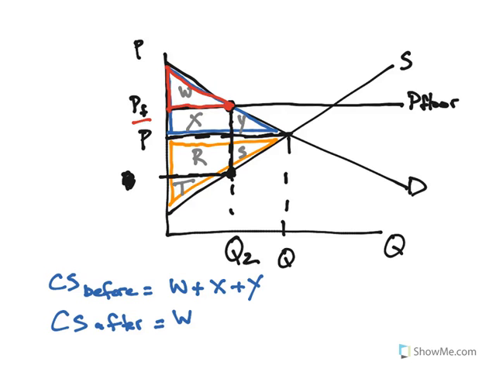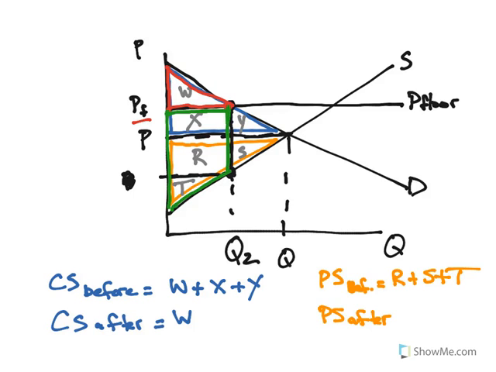Let's do the same for our producers. Our producer surplus before is R, S, and T, and our producer surplus after is the area beneath the price that sellers get above their supply curve at the quantity that is actually sold.